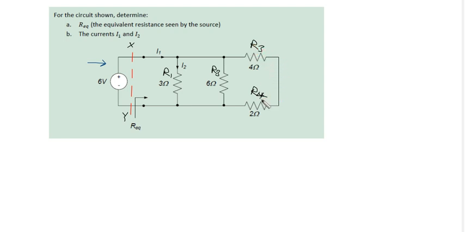Beginning from this end, you can see that R3 and R4 are going to be in series. The same current is going to flow through them. So dealing with this portion of the circuit, let's call that R34.